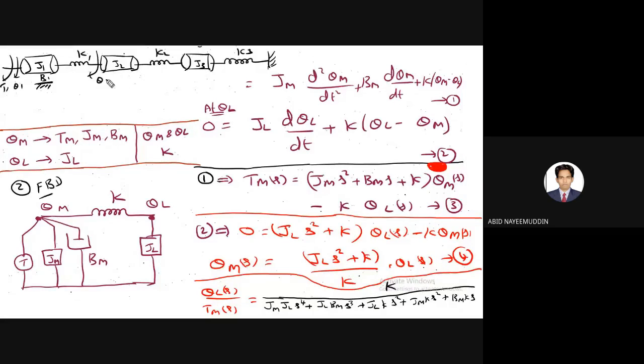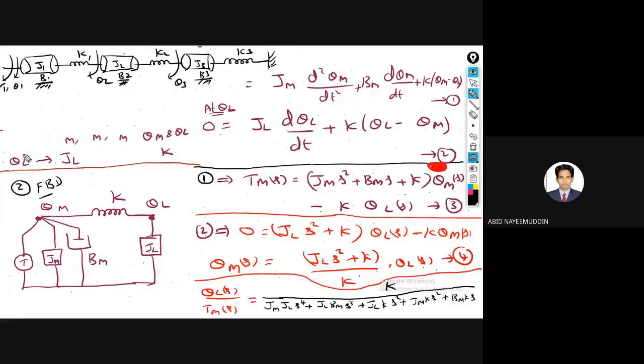Here theta 2 and now here theta 3. Here B2 with ground and here B3 with ground. Now you just write only the differential equation. From the exam point of view, almost you will be getting only 2 nodes. Since there are 5 minutes of additional time, I am asking you this problem.